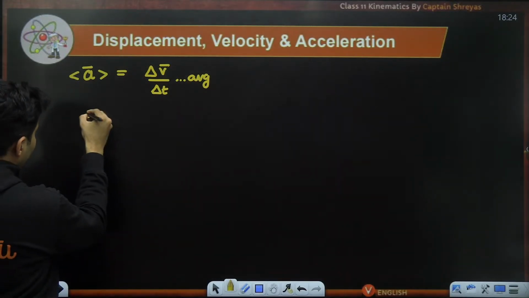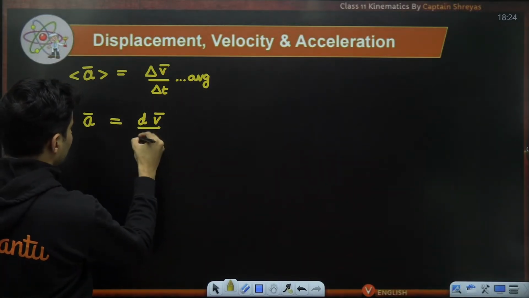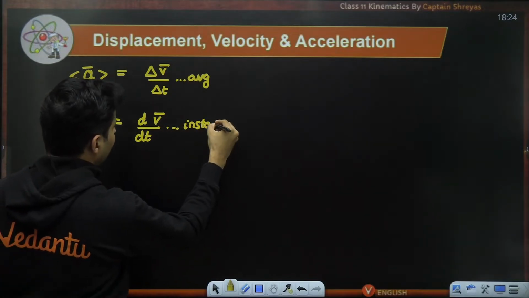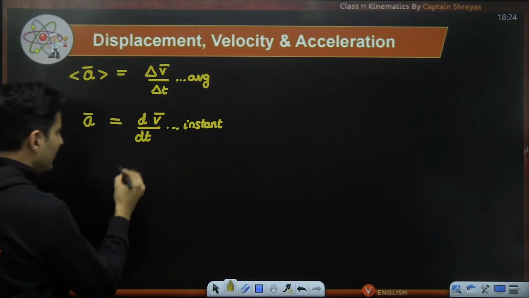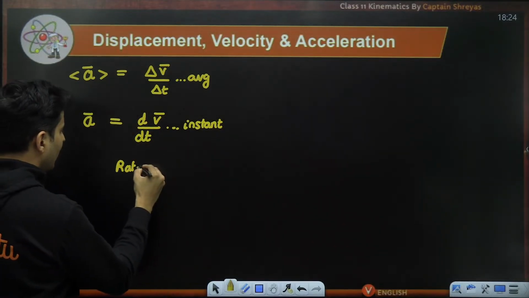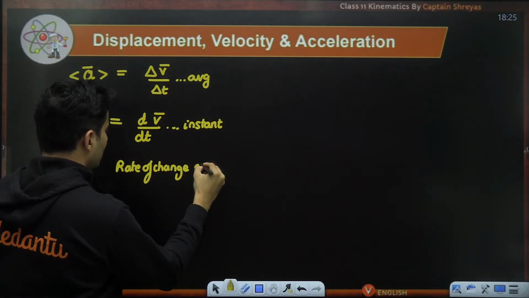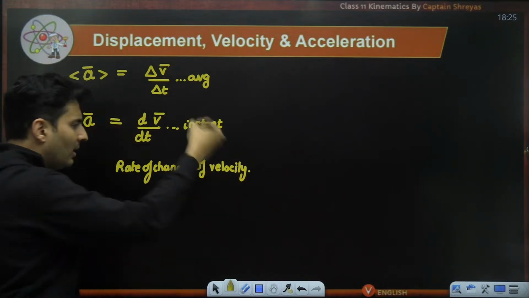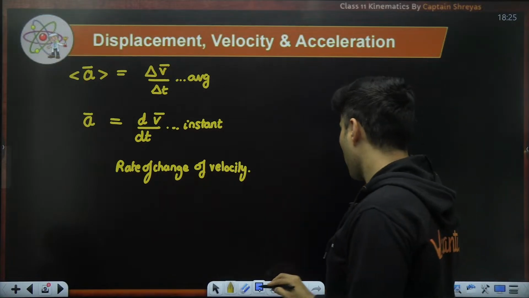If I want instantaneous, the delta will become d, a small change of velocity in a small time, that will be instantaneous acceleration. This is nothing but the rate of change of velocity, how quickly the velocity changes. The rate of it is acceleration.